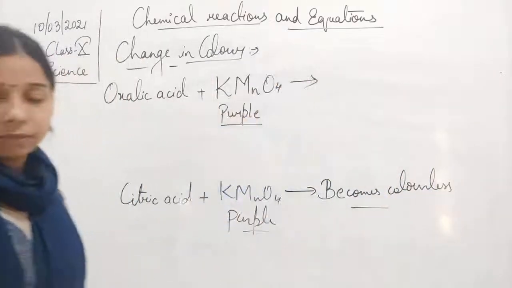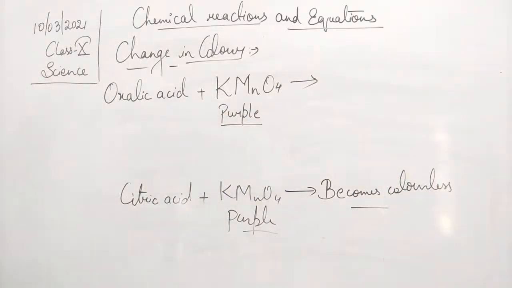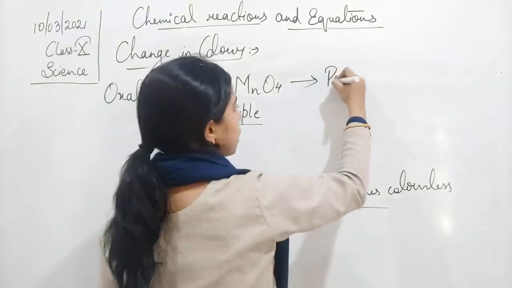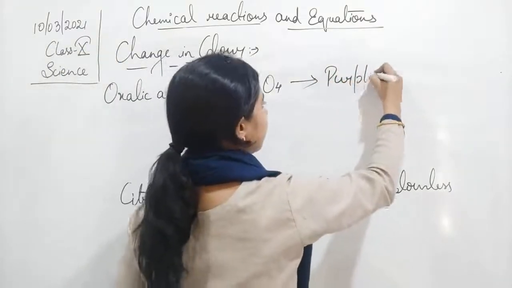Okay, so we can write it, that is purple color of potassium permanganate disappears.